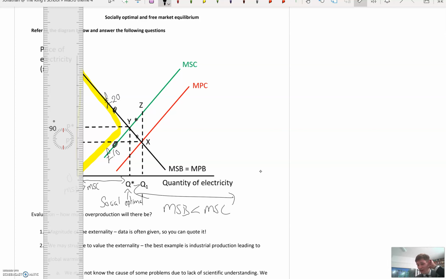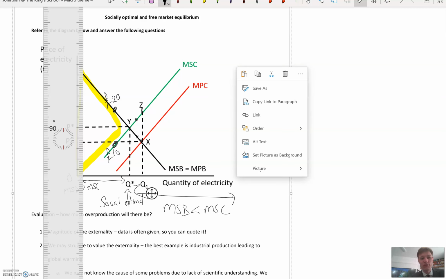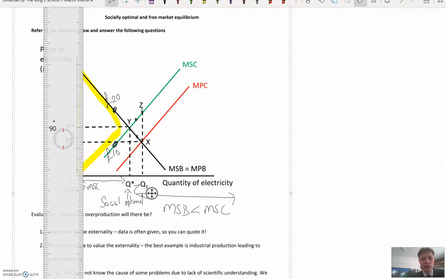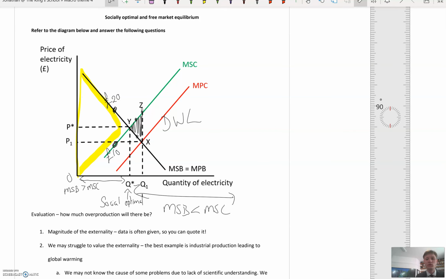The cost is greater than the benefit, and therefore if I produce this good, Q1, I have to minus that off from my total nice yellow triangle. And so this is what we call deadweight welfare loss, DWL for short.